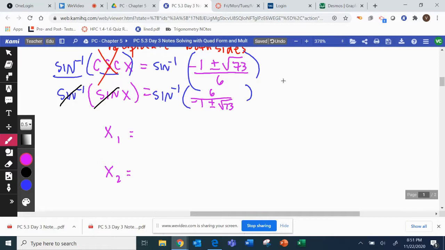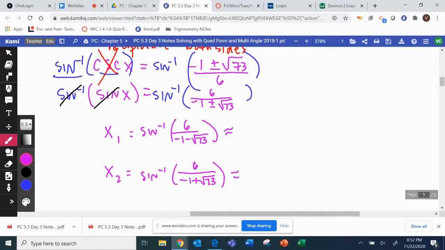My x1 is going to be sine inverse of 6 over -1 minus square root 73. And then my x2 will be sine inverse 6 over -1 plus square root 73. I'll pull out my calculator. I'm going to type that in.